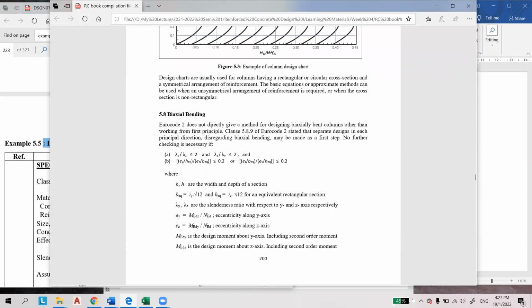Biaxial bending is necessary to be checked based on these two conditions, A and B. You can refer to your module later.